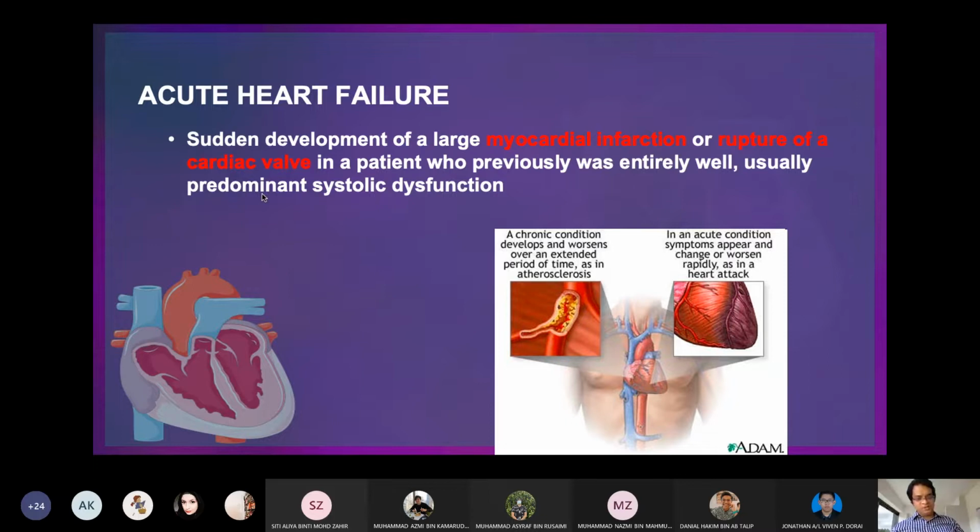If you search in Google, you'll see there are a lot of patients in acute heart failure that developed because of grade 3 hypertension, with rupture of the aorta because of very high aortic pressure. So these two, if you are very lucky, you can see, but most of them actually die. They pass away with acute heart failure. It gives you a very small amount of time to react.